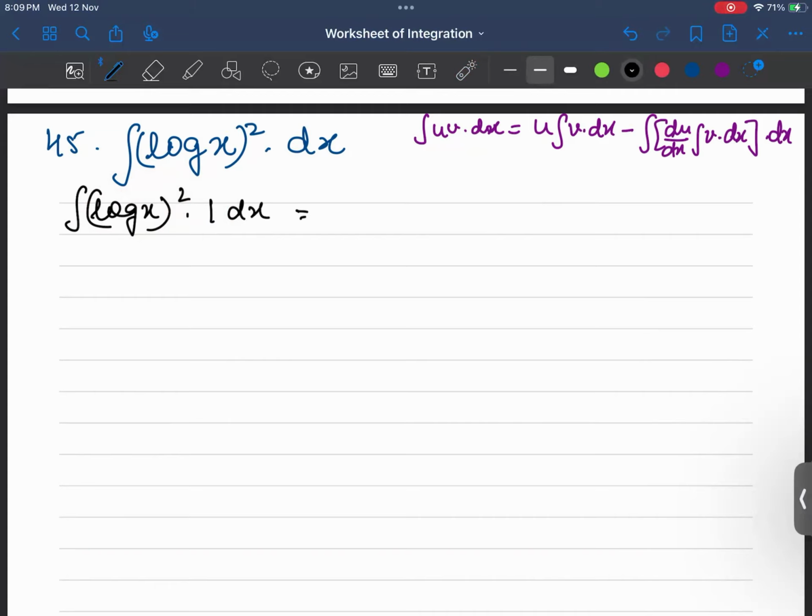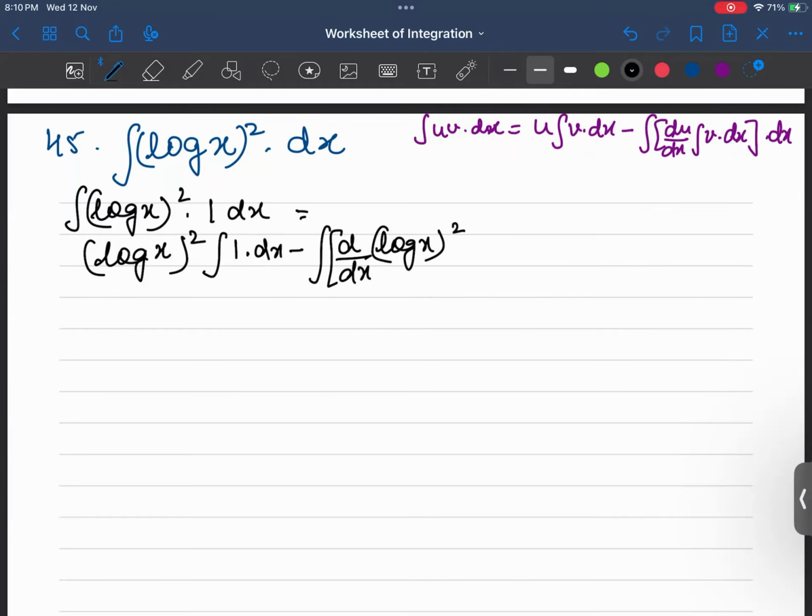Then by putting in my formula, it would be log x, my first function, times the integral of the second function, minus the integral of the differentiation of the first function times the integral of the second function, integrated whole with respect to x.